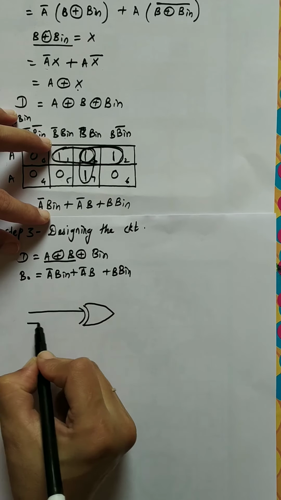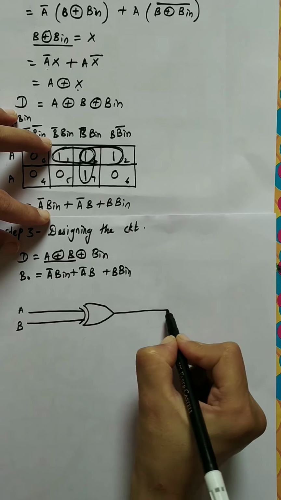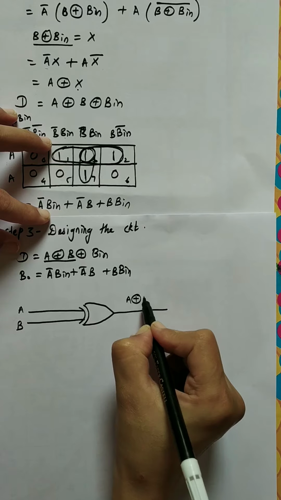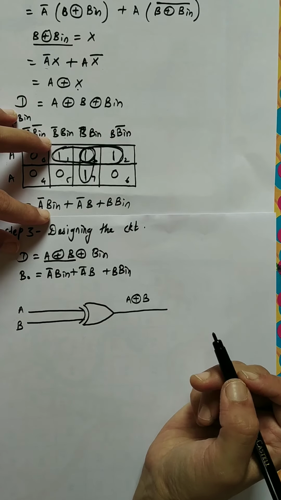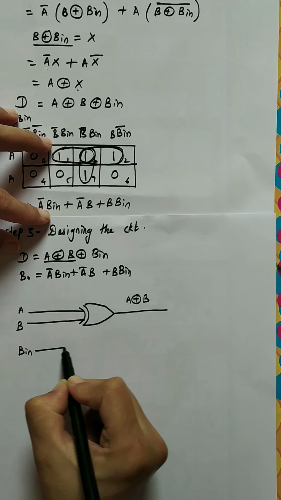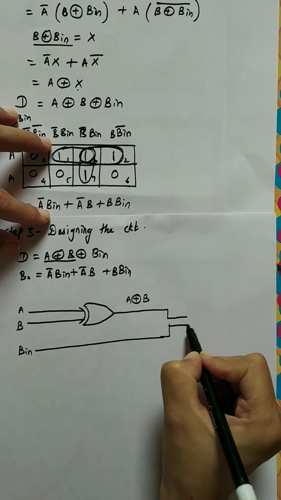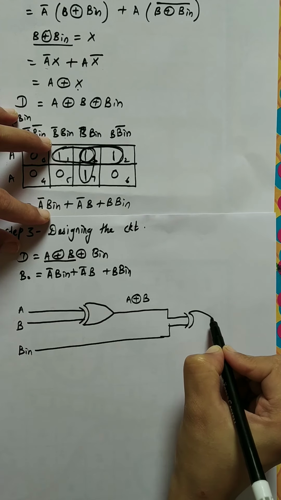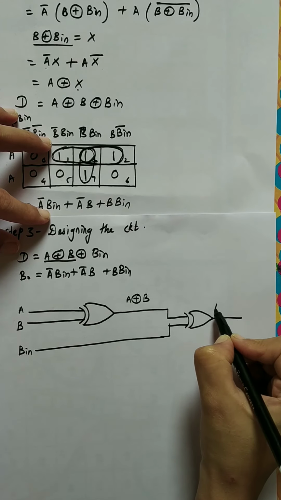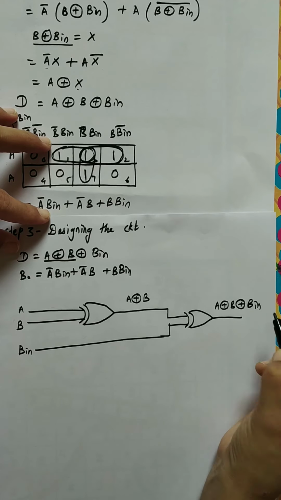Here the output I'll get is A XOR B. Now what is left is B in. I'll take the third input as B in, and that will be XORed with the output of the first XOR gate, so the equation I get is A XOR B XOR B in.